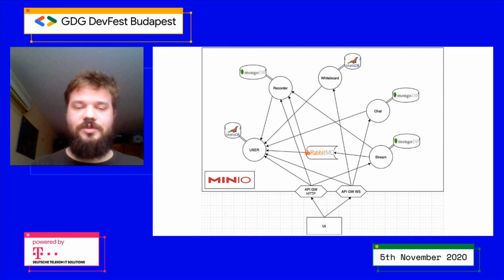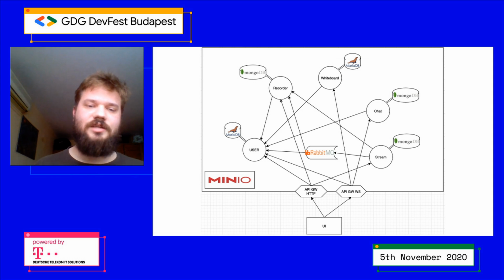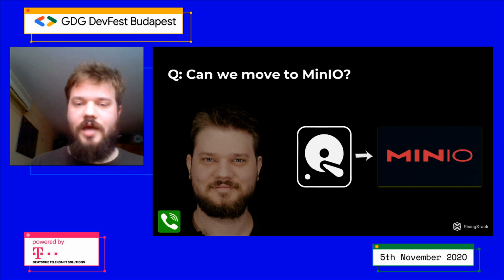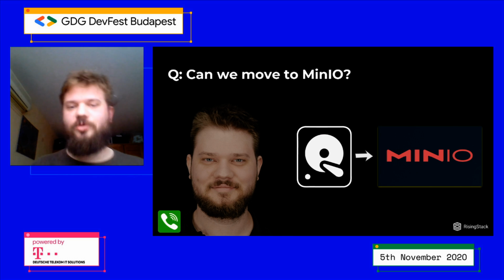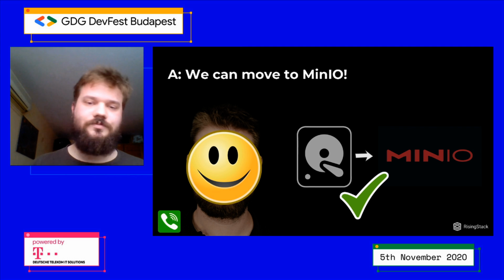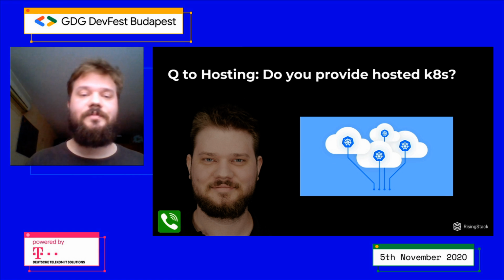And there was something that kept popping out, namely MinIO. We store that and that in MinIO. Now, if you haven't heard about it, MinIO is basically an object and file storage system that implements the S3 API. And we were like, okay, guys, but could we move all the files to MinIO? Yeah, sure, easy peasy. So we were happy again.